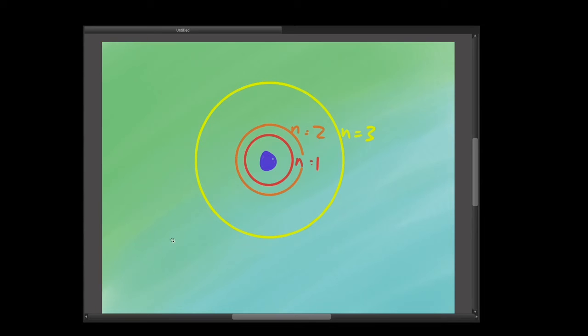Since this is the third electron shell, the value of n is 3. This gives us 2 times 3 squared, which is equal to 2 times 9, which is equal to 18 electrons.